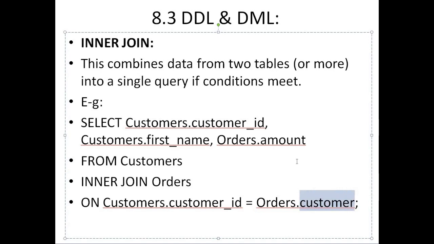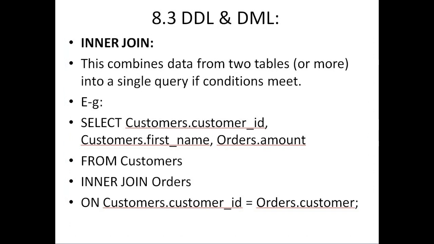Over here the field name in the orders table for it is just customer. This can happen sometimes. Primary key and foreign key would contain the same values, they would serve the same roles, but in different tables there would be slight variation in the spelling of the field name.